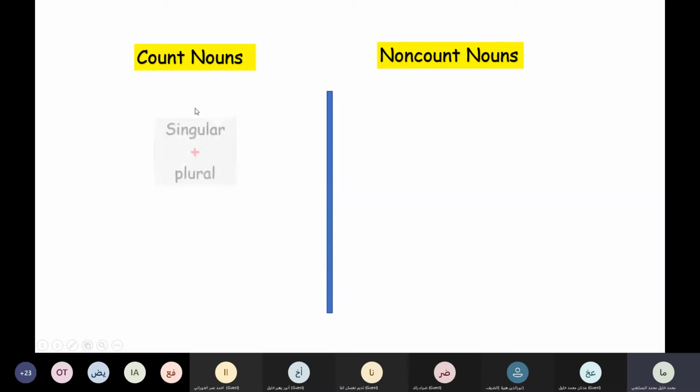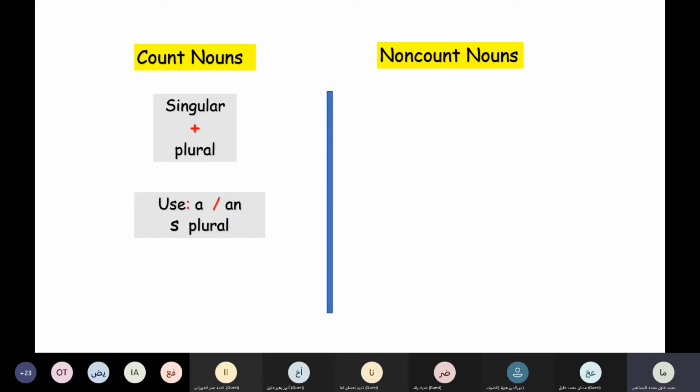Count nouns always have singular and plural, like a cup, cups. A book, books. Car, cars. We use a, an with singular, like a book, an orange, and s if you want to make it plural, like oranges, cups. Also, we use the definite article the. We can use the book, the books, etc.